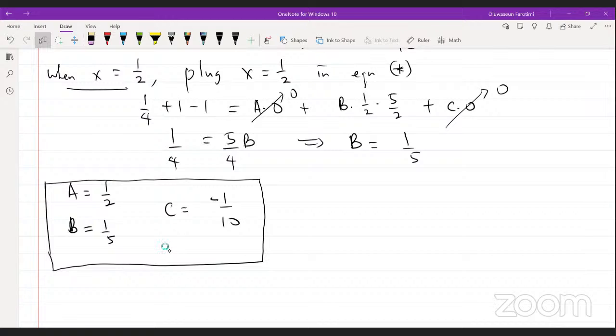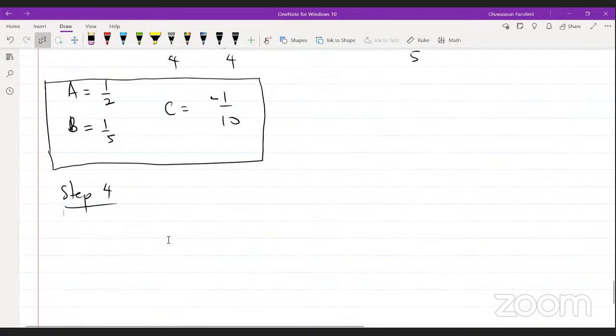All right, so now we move to step 4. In step 4, what are we trying to do? Now you remember that we had an equation. We had the integral of x squared plus 2x minus 1 over 2x cubed plus 3x squared minus 2x.